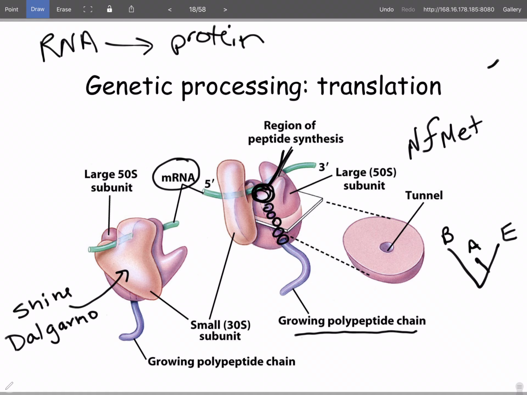Right? And so any hydrophobic interactions, any covalent bonds between sulfurs, any ionic interactions need to happen there. So this is where folding is going to occur right as it exits that tunnel. Now, what if there's misfolding? Okay, or what if it gets misfolded later?